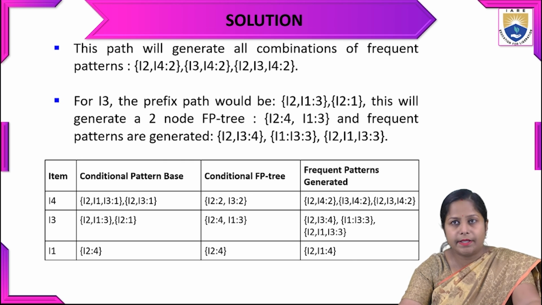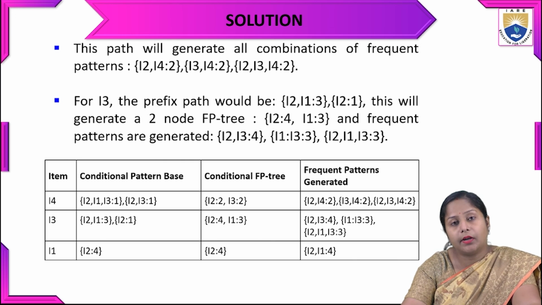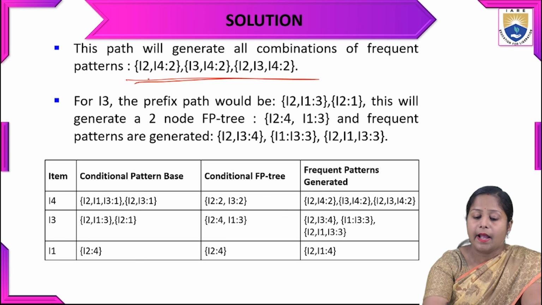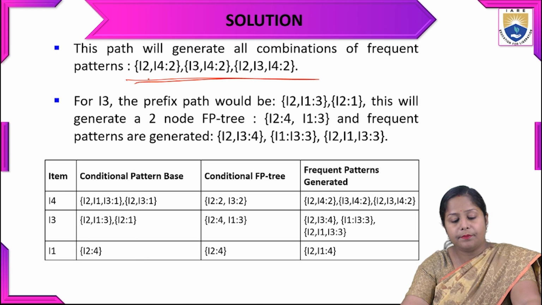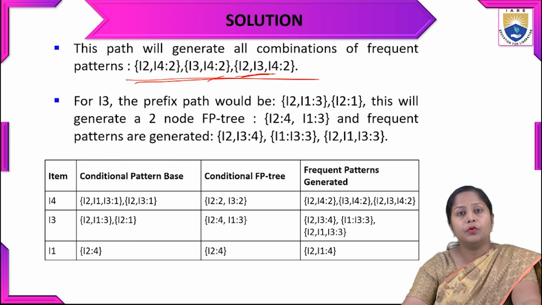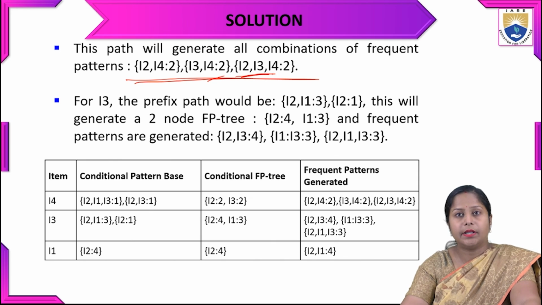Now this path will generate all of the combinations of frequent item sets. So after all we will get I2, I4 2 times, I3, I4 2 times, I2, I3, I4 2 times. So for I3, the prefix path would be I2, I1 3 times and I2 1 time.